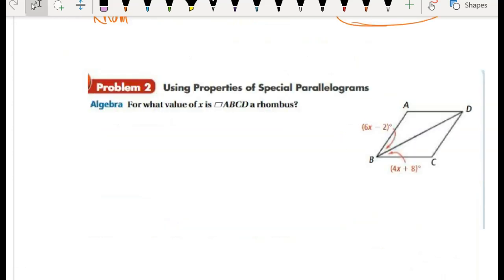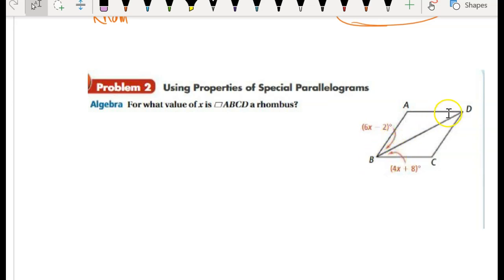Now let's take a look at problem 2. We're going to use the properties of special parallelograms, and they want to know for what value of x is parallelogram ABCD a rhombus. Well, what do we know about the diagonals and the angles of the rhombus?